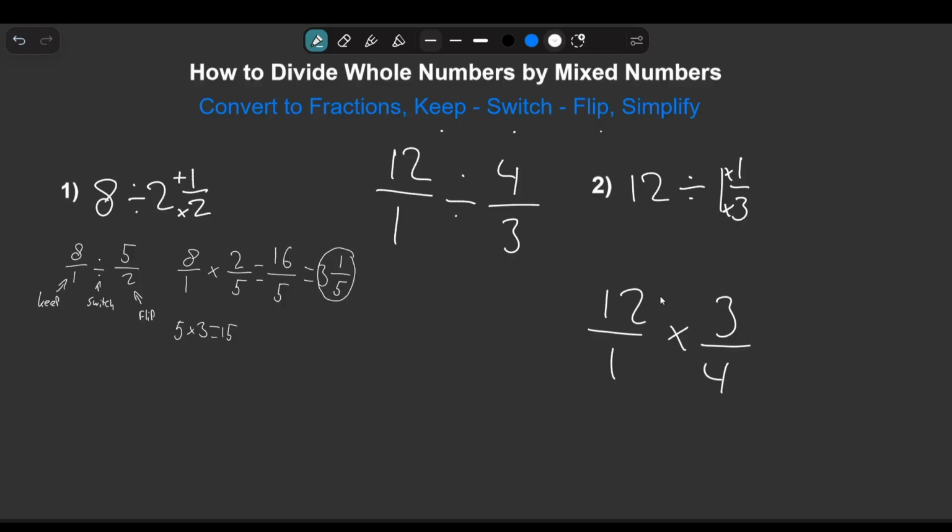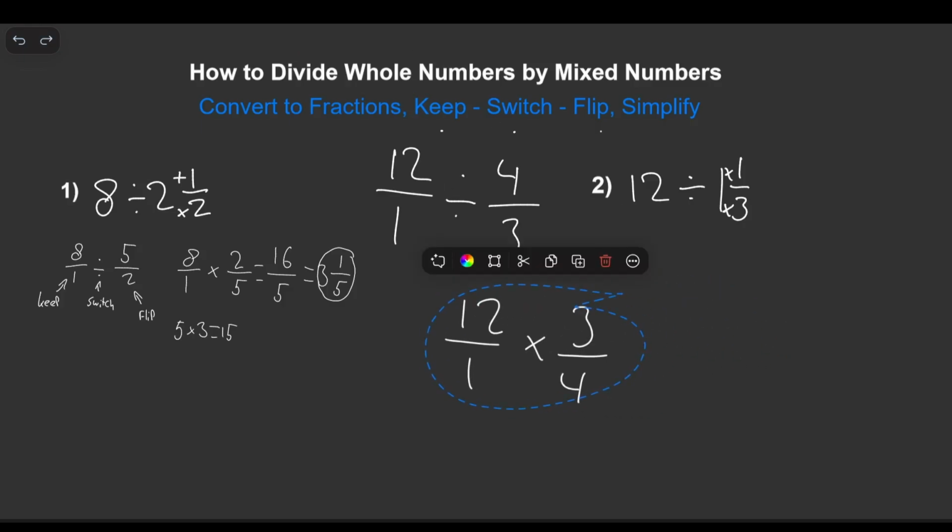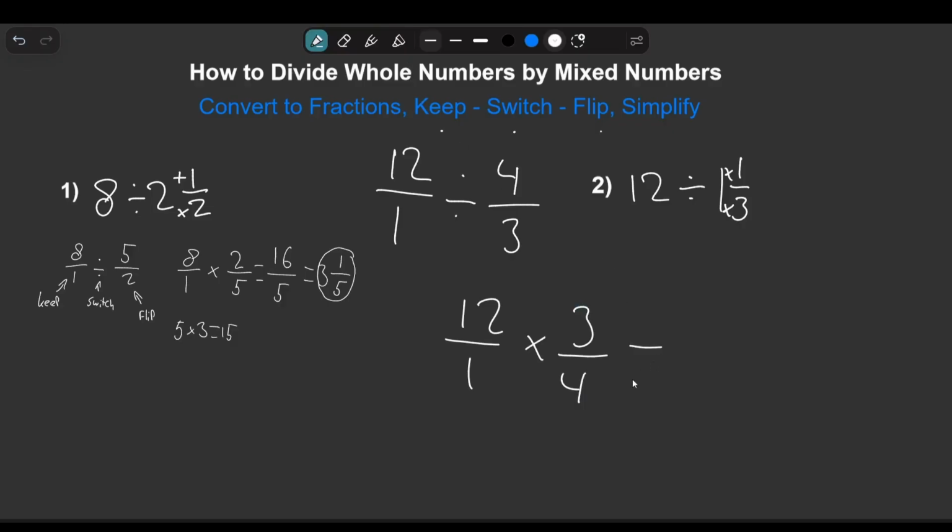So now it's just a matter of multiplying again. So now we do 12 times 3. Let's move this a bit to the left actually, so we have a bit more space. 12 times 3 equals 36. Now 1 times 4 equals 4, of course. So this will be our fraction.